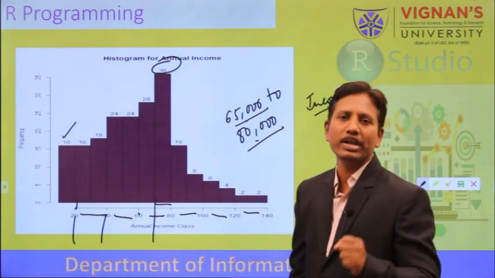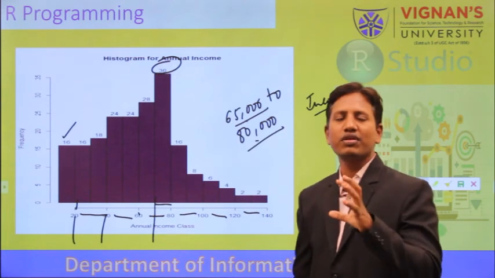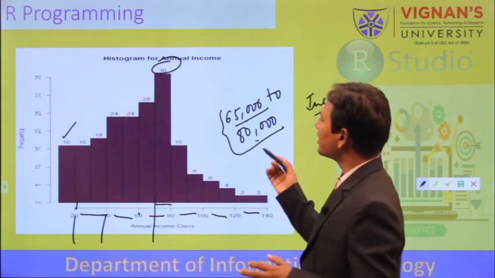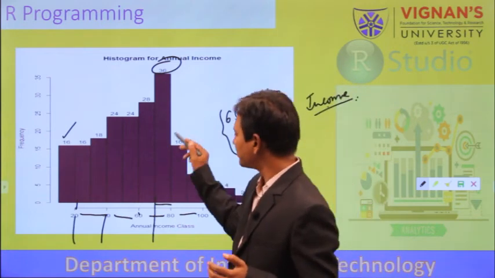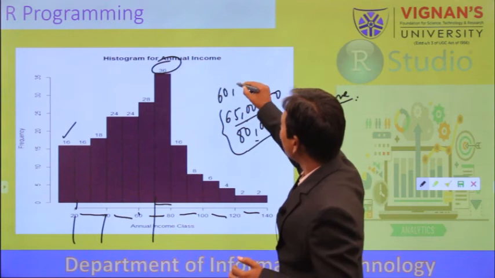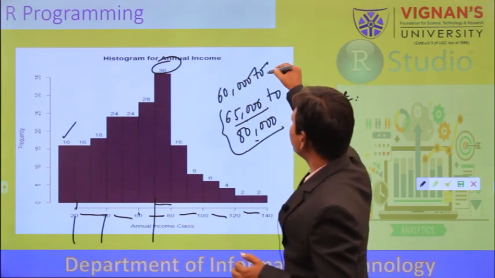Out of 200 people, 36 people fall in this group. And the next highest is 28, which is 60,000 to 65,000.